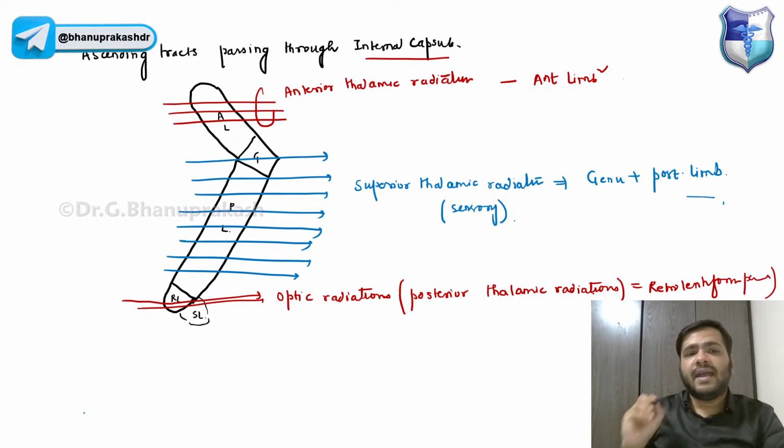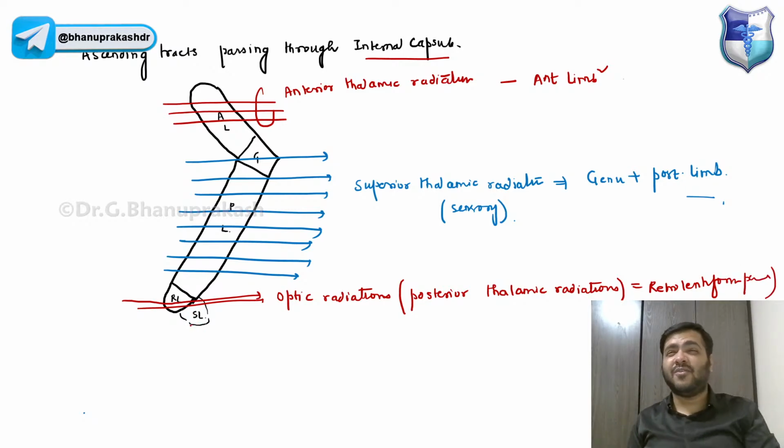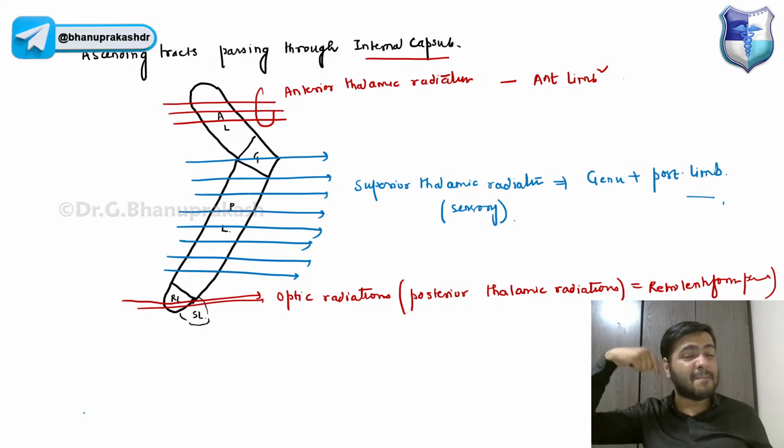And again, the sublentiform part makes sense, guys. The auditory fibers have to go to the temporal lobe.